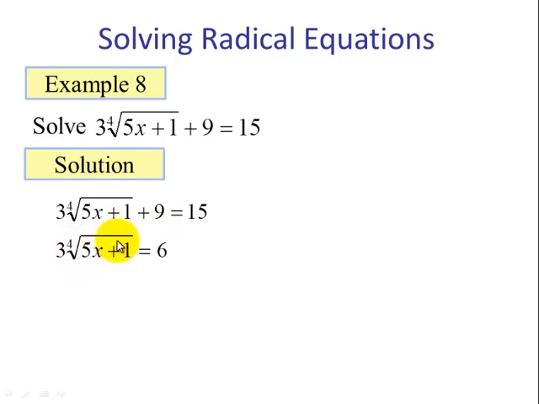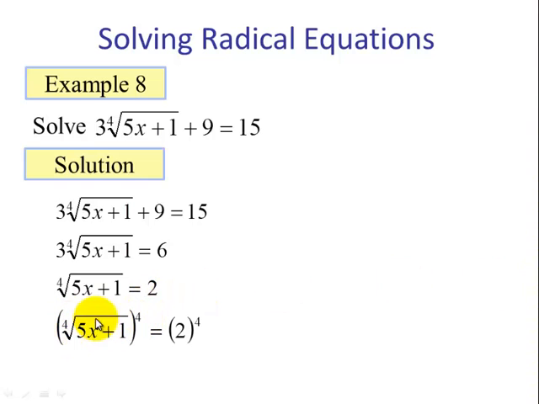Next, we want to isolate the radical, so we need to get rid of the 3. Since it's multiplying, we do the opposite and we divide, and we are left with the fourth root of 5x plus 1, and that equals 2. To eliminate this index of 4, we're going to raise the left-hand side and the right-hand side to a power of 4.